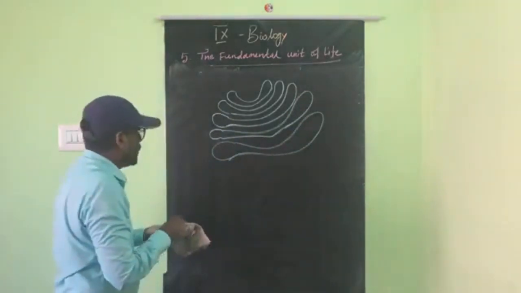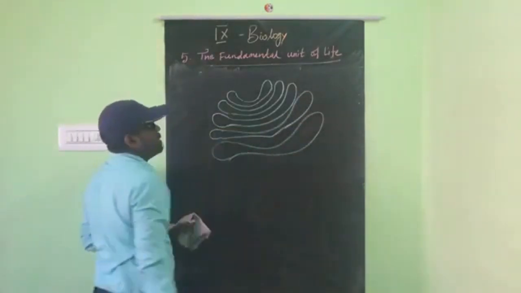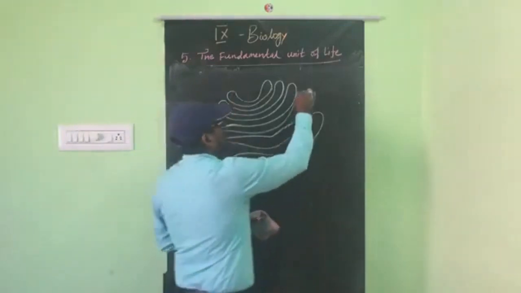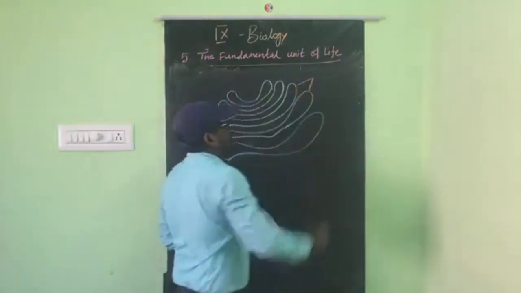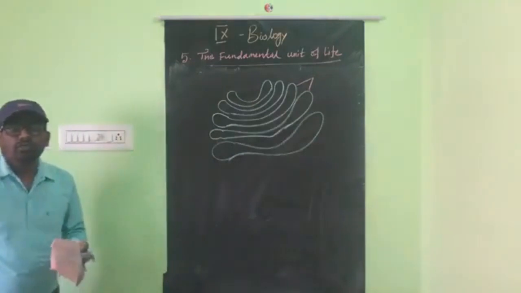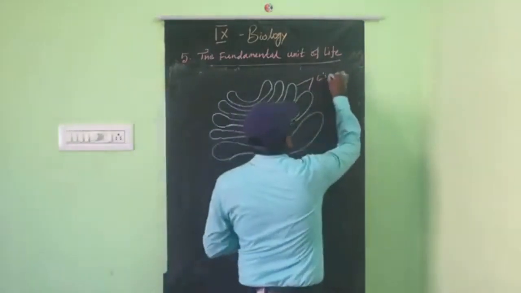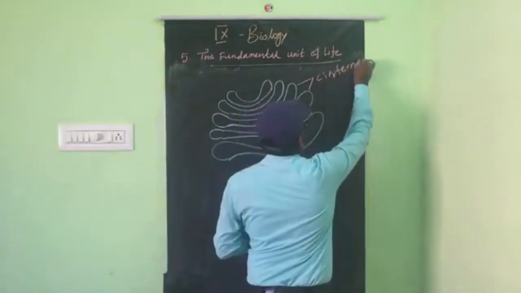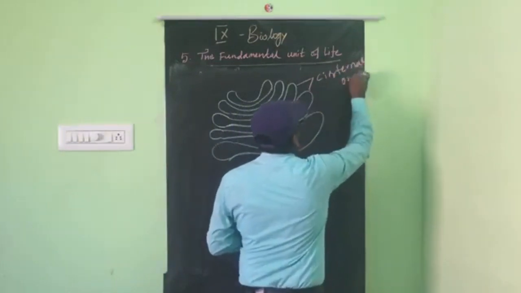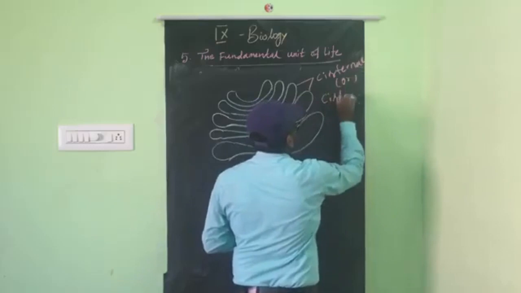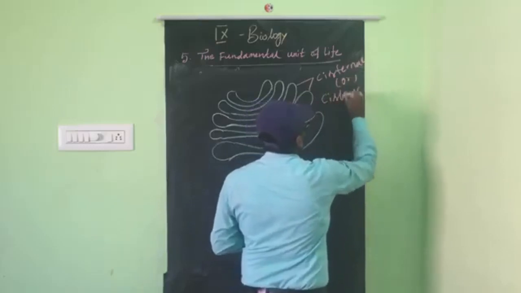So like that it is arranged. So this sac or flat-like structure, vesicle-like structure, is called a cisternae or cisterns.